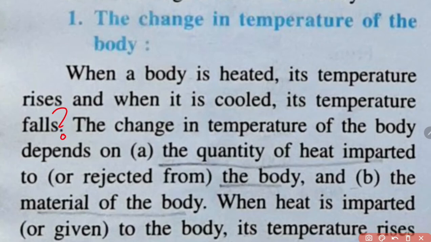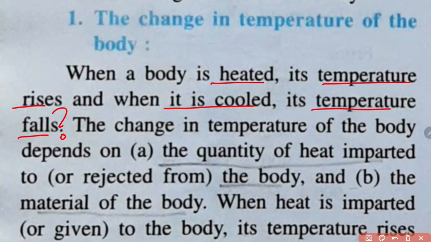Because when we heat a substance, the internal energy of the substance, to be specific, the internal kinetic energy of the substance increases, therefore the temperature rises. And when it is cooled, or suppose when you put it in the refrigerator, the internal energy of the substance decreases, right, and therefore its temperature also falls.